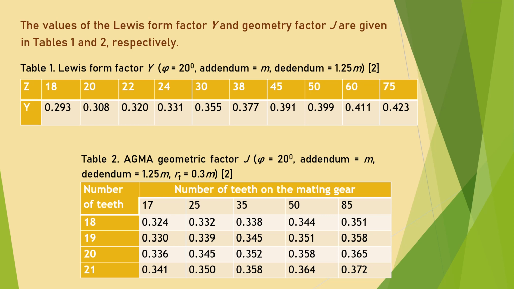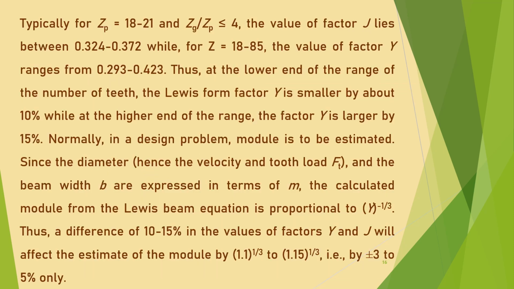The values of the Lewis form factor Y and the factor J, which is known as geometry factor, are given in tables 1 and 2 respectively. See the tables critically. A comparison of the tabulated values of factors Y and J shows the following.